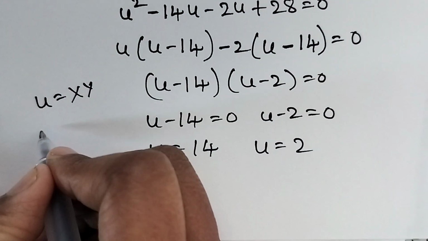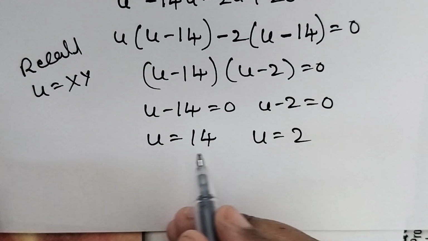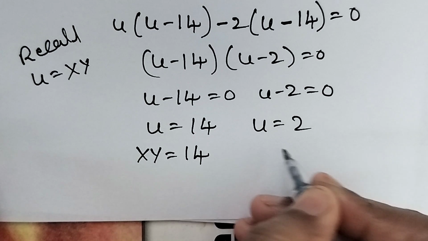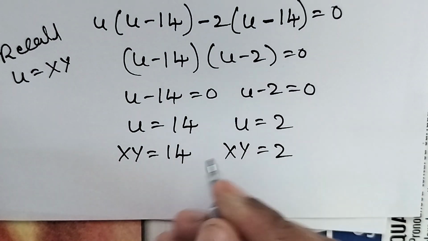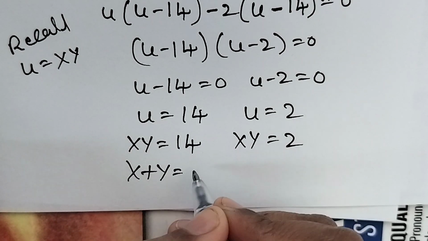So we already considered that u is equal to xy. So now recall this. In place of u we will write xy is equal to 14, and in place of u we will write xy is equal to 2. So we already know that x plus y is equal to 4.